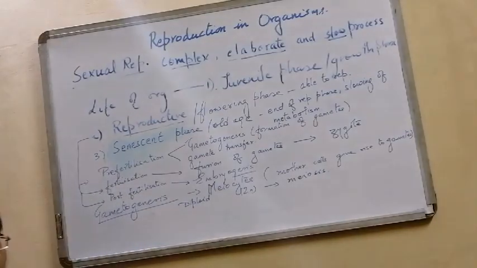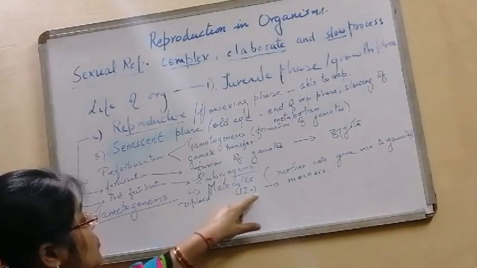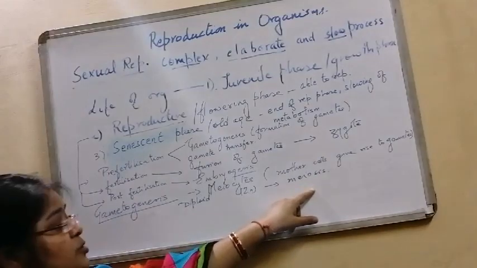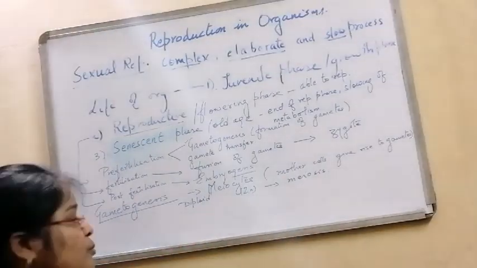I am presuming that you know this. Therefore I have asked you to revise unit 3, where the cell cycle has been dealt with in great detail in class 11th. If there is doubt, please let me know. So by meiosis, your gametes are formed.